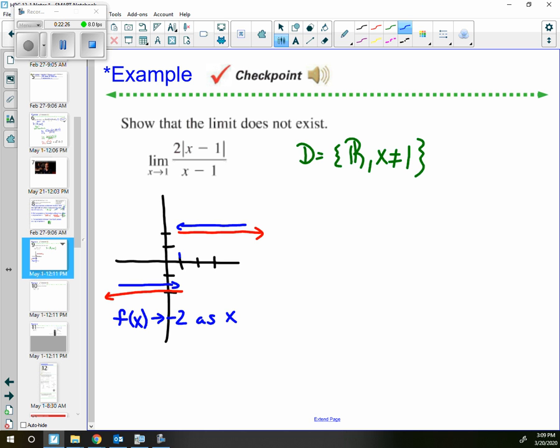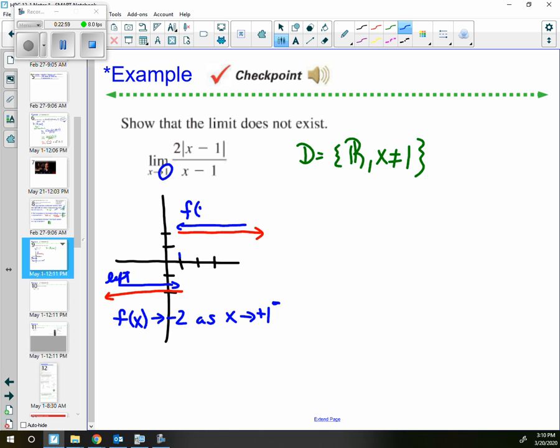As x approaches 1 from the left, because this is the left-hand side of the graph, we put a little minus sign, and we'll talk lots more about left-hand and right-hand limits. The easiest way to say that mathematically is just to put a minus. Oh, not -1, +1, I'm sorry. The c value that we're looking at is +1. So as x approaches +1 from the left, it's going to -2.